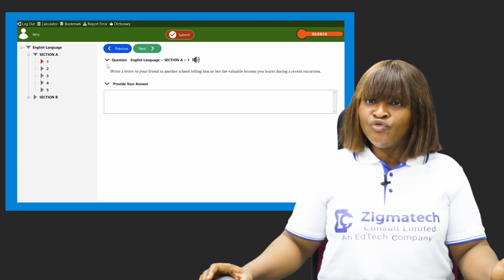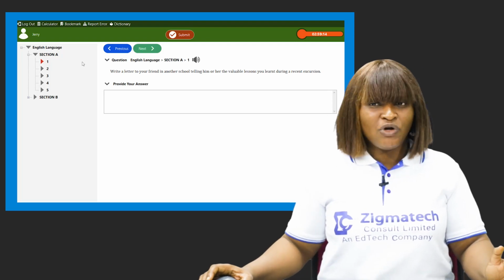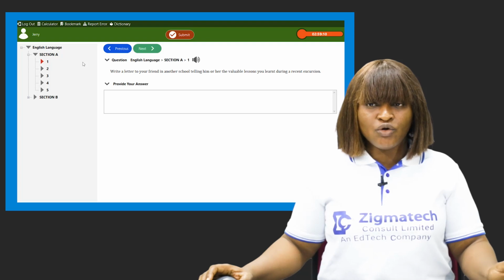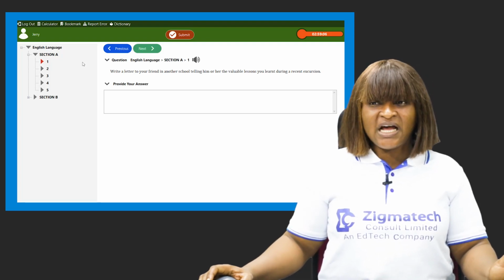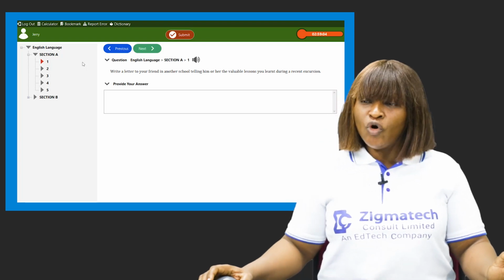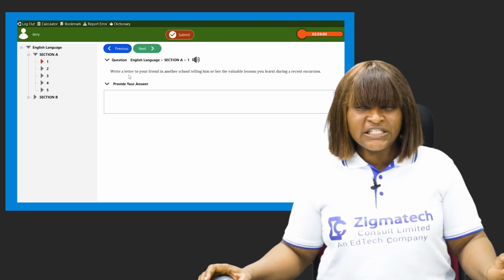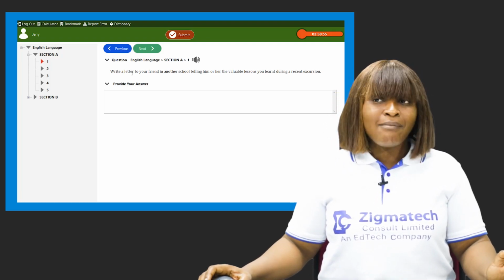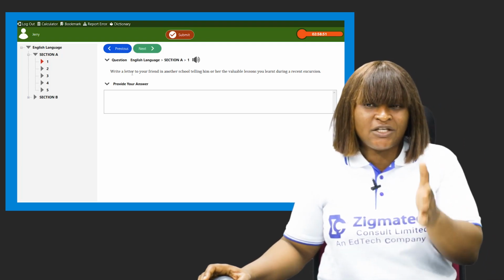Remember, you may say that, oh, even if you don't know if it's an informal or formal or semi-formal, as long as the body of the letter conveys the message, you are good. That is a no-no. When you write the body of the letter and you fail to observe the organization aspect, then you have started failing. Because while marking letter writing, they mark it using a particular format.